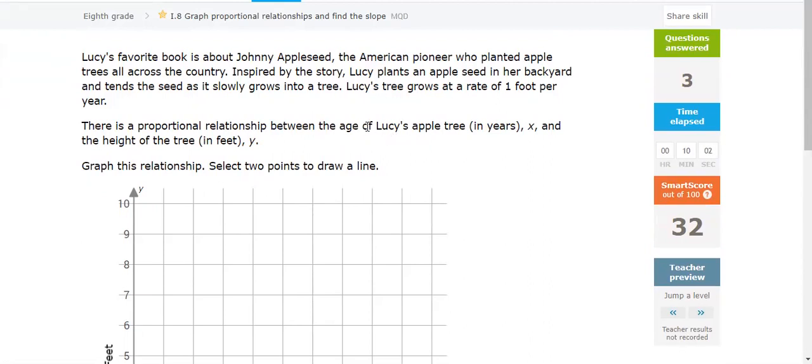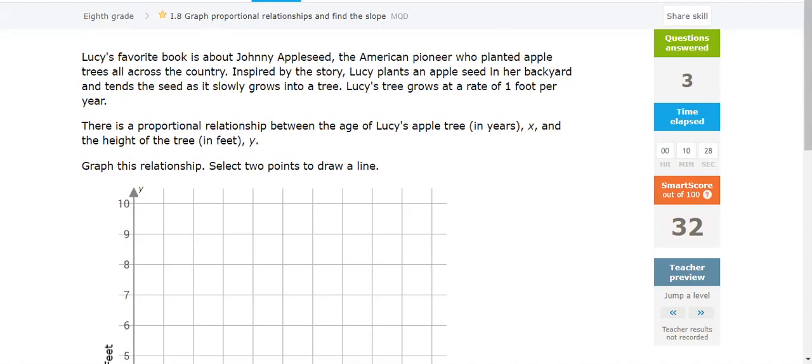X is the age of Lucy's apple tree, and Y is the height of the tree. So let's try to find age in this sentence. Lucy's tree grows at a rate of 1 foot per year. So once again, whenever you see a word like every, each, per, then X is going to be 1, or whatever that is.